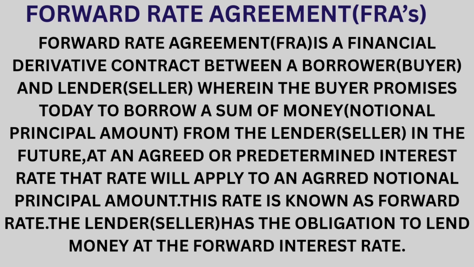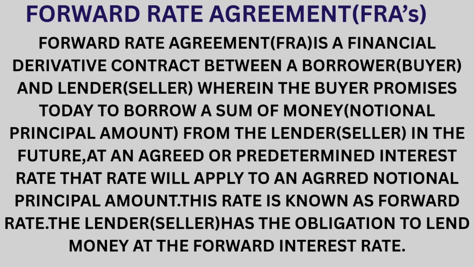The rate will be applied to an agreed notional principal amount. This rate is known as forward rate, and the lender, seller, has the obligation to lend money at the forward interest rate.